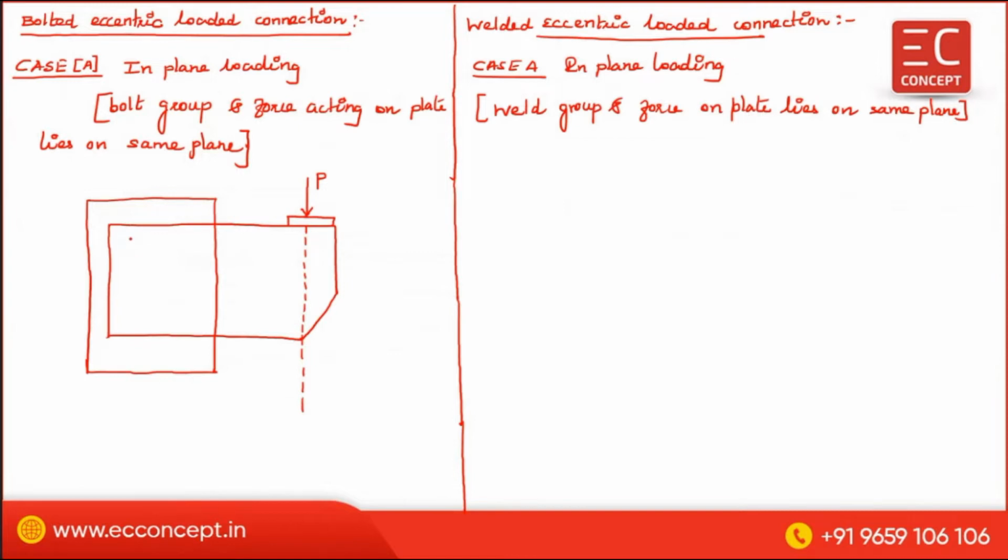So this is bolt 1, 2 is a bolt group, 3, 4, 5, 6. Now see, somewhere here is the centroid. So the centroid point is this one.